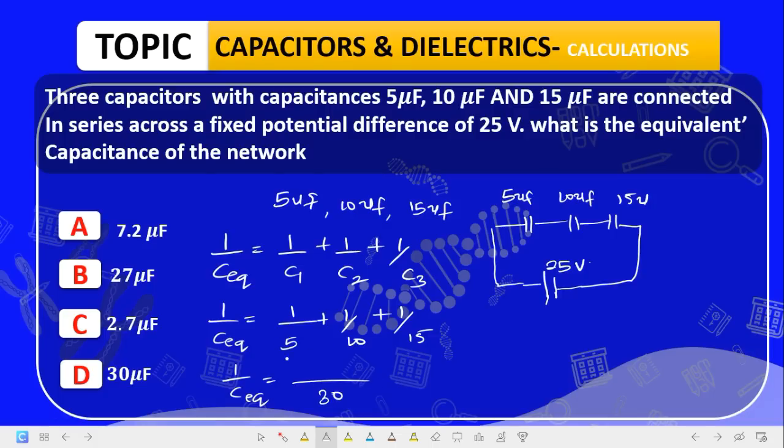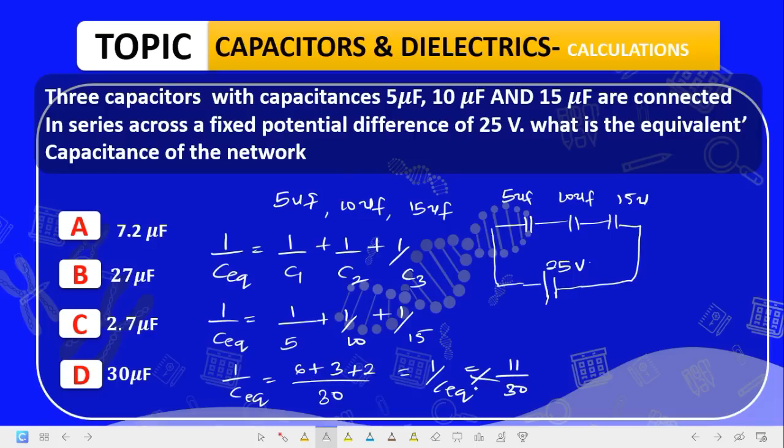So 30 divided by 5 is 6, 6 times 1 is 6. 30 divided by 10 is 3, 3 times 1 is 3. Plus 30 divided by 15 is 2, 2 times 1 is 2. And this gives us 1 over C equivalent is equal to 6 plus 3, 9. 9 plus 2, 11. So this becomes 11 over 30.